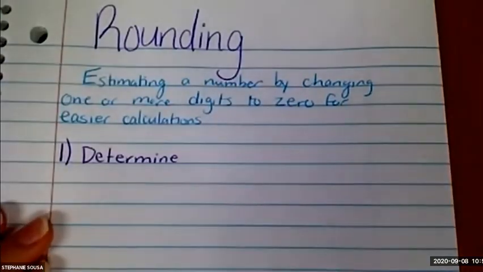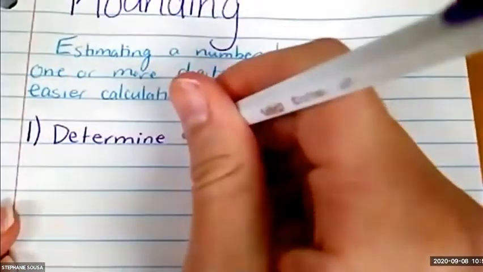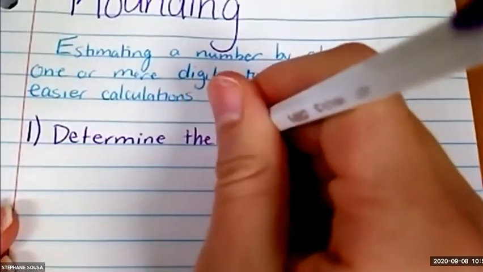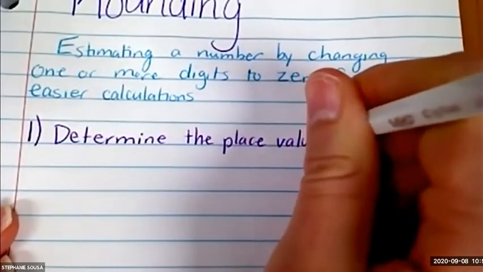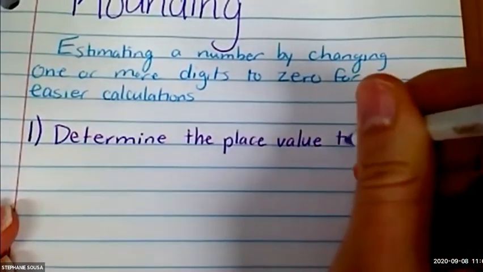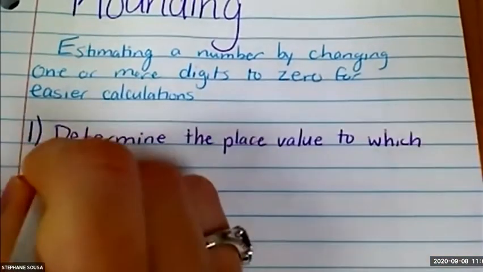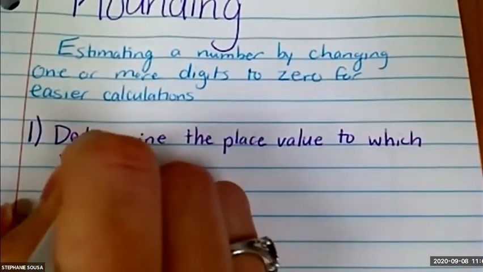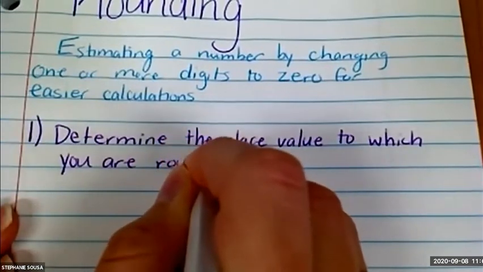So you will always determine, and I'll zoom in to make it a little bit closer, the place value to which you are rounding. And that will usually be shown in the directions.